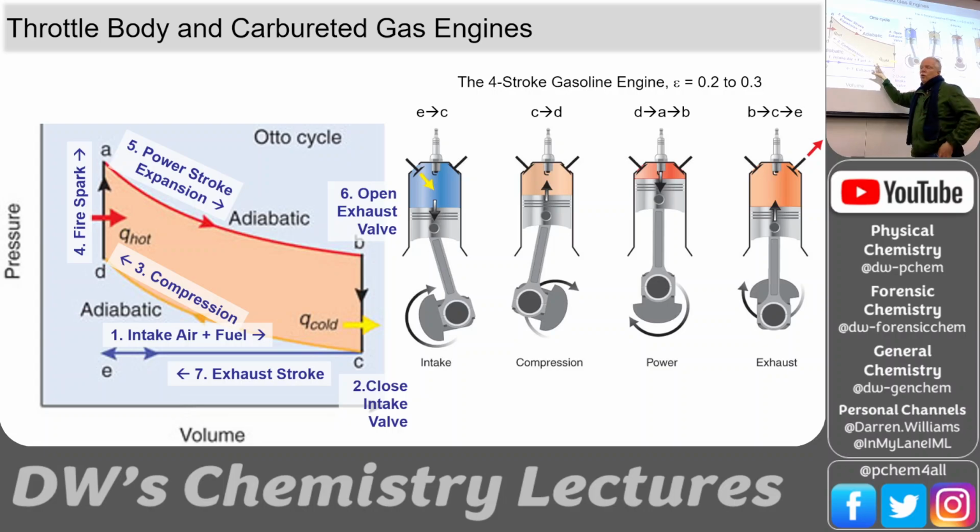Now, we can make a 1-piston engine in here if we have a flywheel. The flywheel has to carry it past the intake and exhaust because there's no power being generated there. So you can have power, exhaust, intake, compression, power, exhaust, intake, compression. And those are the 4 strokes of a 4-stroke engine. And all our gasoline engines are 4-stroke.